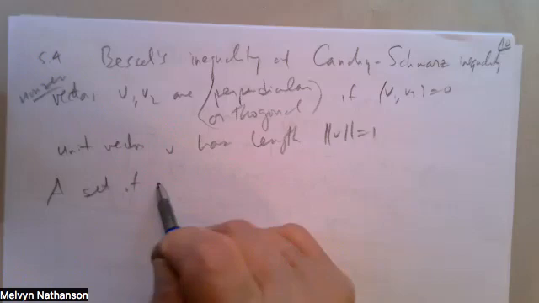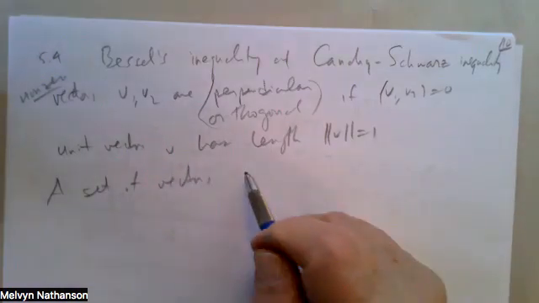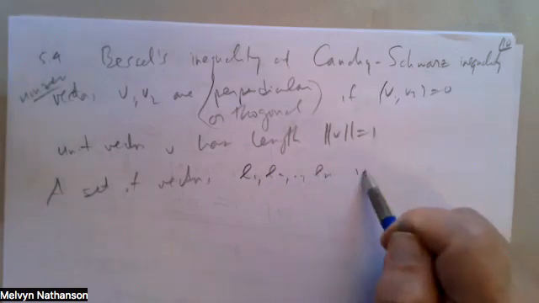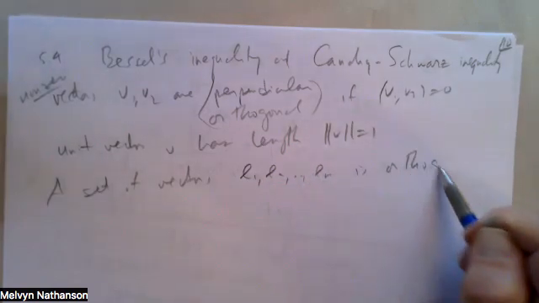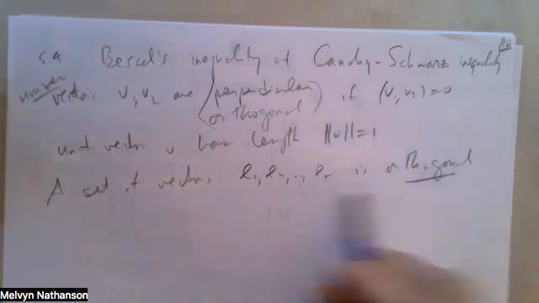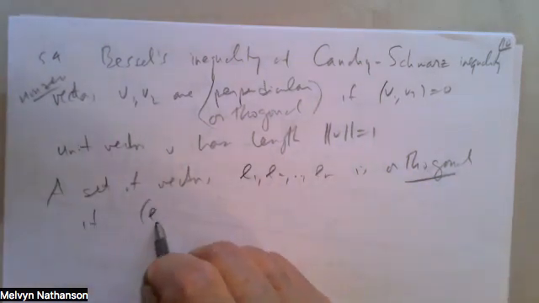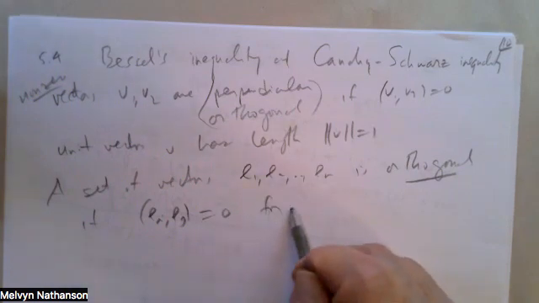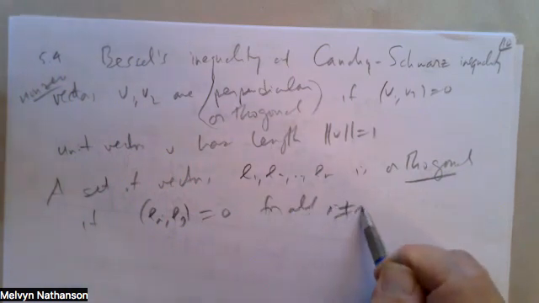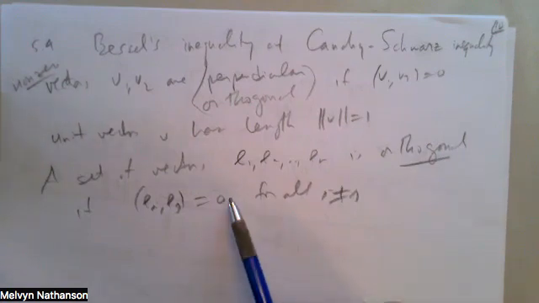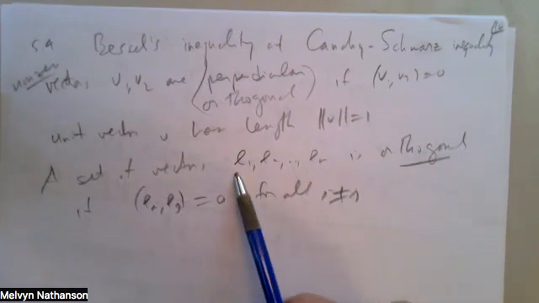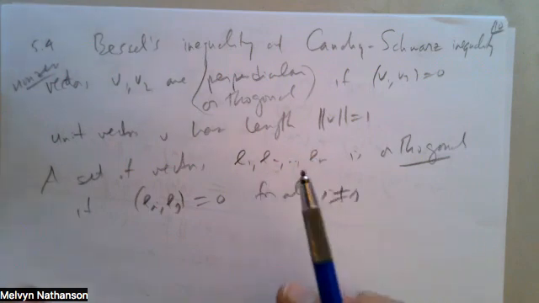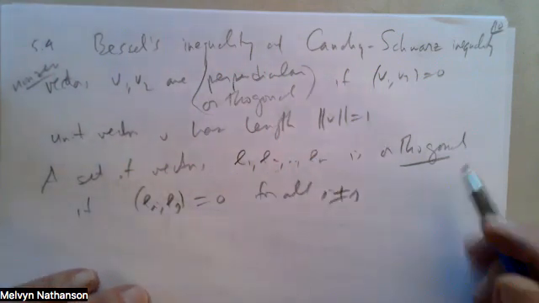A set of vectors, say E1, E2, up to En, is orthogonal if the inner product of EI and EJ is 0 for all I different from J. Or equivalently, a set of vectors is orthogonal if every pair of them is perpendicular. Every two different ones are perpendicular to each other.